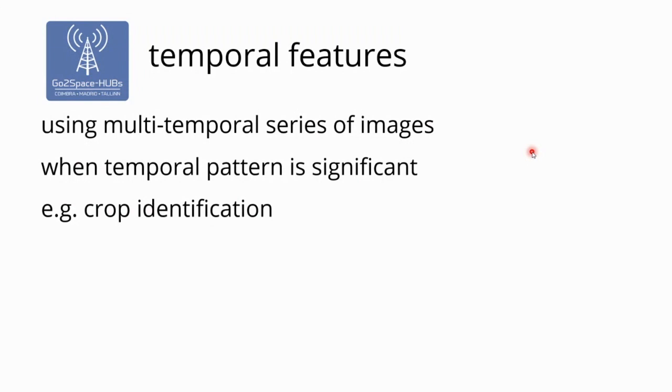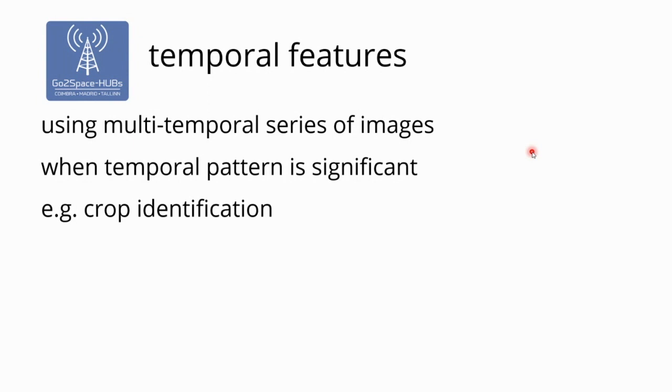Okay, next type of information, temporal features of data actually. So it's like a temporal profile of the object. We look at the pixel or at the object, we might combine those different approaches actually, and we monitor how it changes throughout time, throughout the season, for example. It's very convenient.